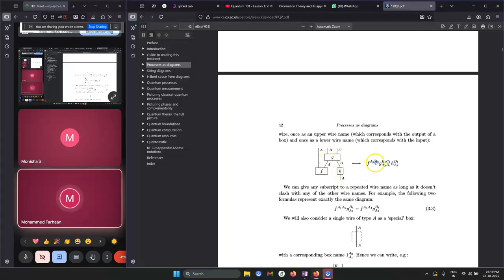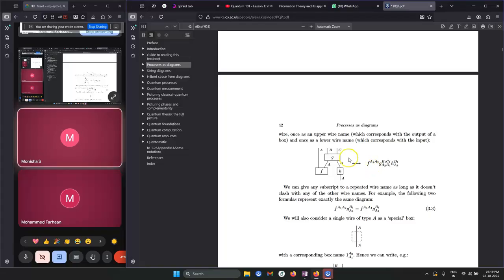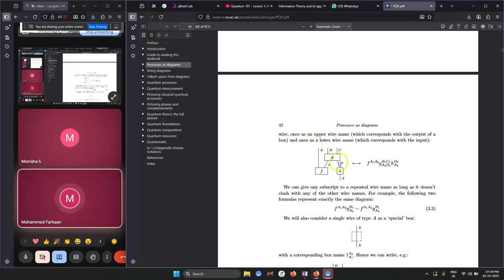If I put A1, A2 or A2, A1, it's the same, because in this example I'm not renaming my wires, I'm just simply changing the order of the inputs. Does that make sense? Yeah, the second example that I just said is what I thought you were asking at first. But then you talked about renaming wires, so that is also valid as long as you keep the naming consistent.